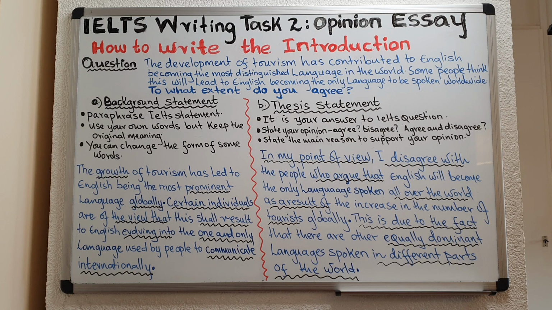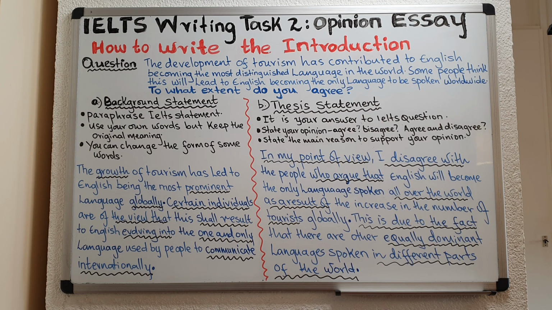Instead of has contributed, we are going to write has led to. We are going to replace contributed to with led to. After that, we are going to keep the word English, because if you change it, you're going to change the meaning of the statement.